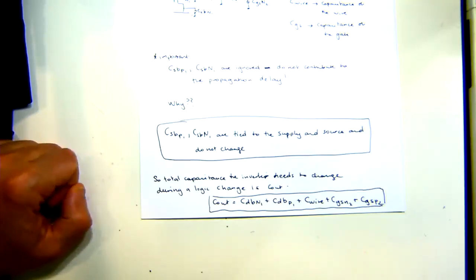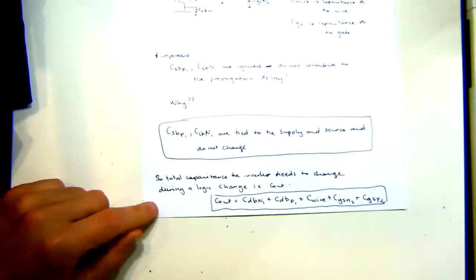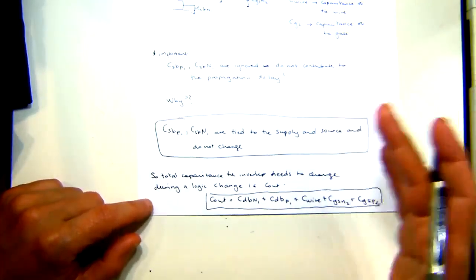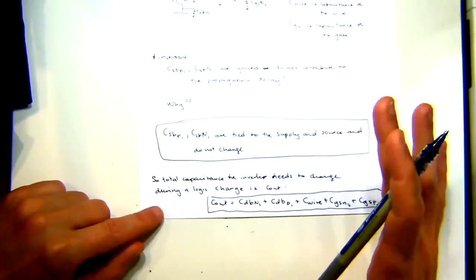Okay? And if you were looking at the layout, let me just ask a different question, just to make sure that you guys have got the right intuition here. If I wanted to reduce capacitance, what do you think some of the easiest things to do would be?